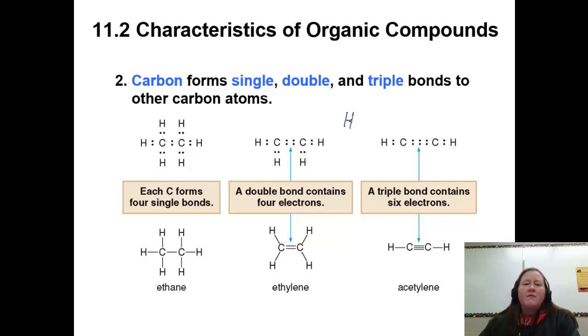So helium, if this is its outer electron shell, when hydrogen is sharing these 2 electrons right here, or these 2 electrons right here, it feels that it has its 2 electrons, so it becomes stable. So hydrogen is always involved with a single covalent bond.